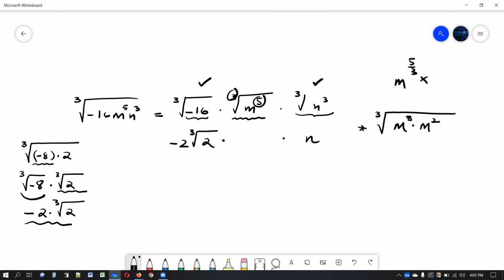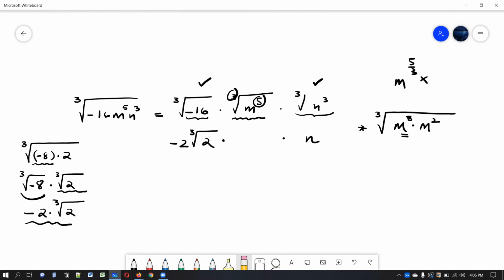I want you to pay attention right here, because somebody might be thinking, well, Professor, why can I not do like I did before, m to the 4 times m to the 1? Well, you cannot do that because this time the index is 3. And you need this number to be divisible by the index. This doesn't work. This does. So that's how I am going to break the expression.